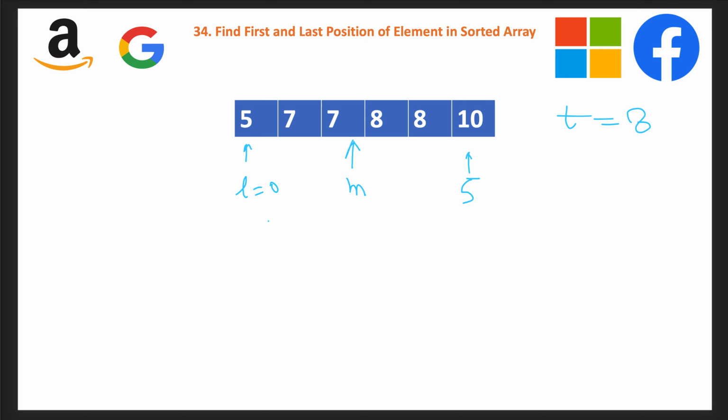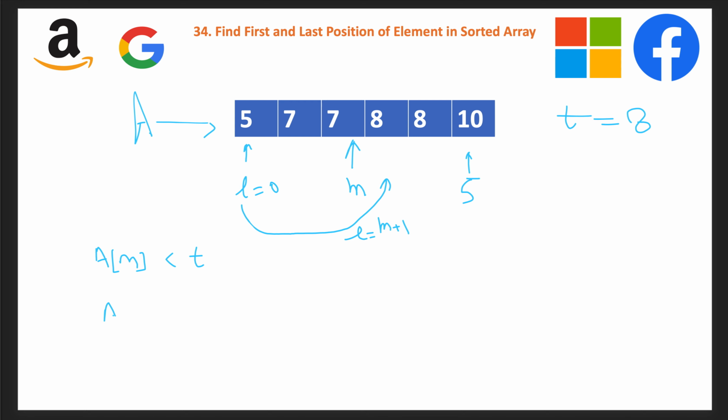Let me call the array a. If a of m is less than the target, what does it mean? We need to shift our left pointer to mid + 1. So we will update L to m + 1.